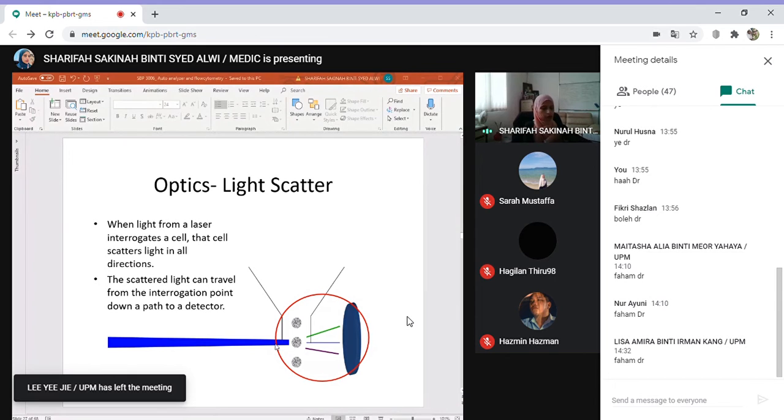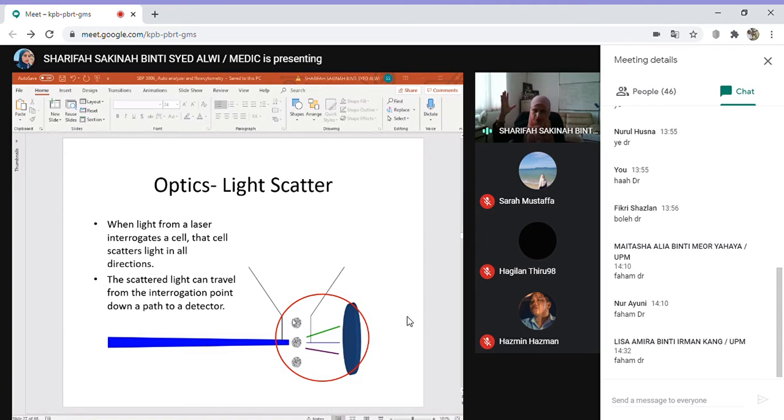As I told you before, when you have a laser beam and a cell that passes through, the light emitted from the laser will reach the fluorochromes, and then it will emit scattered light. Whatever is scattered will be caught by the photomultiplier. Remember the photomultiplier? You have the laser, you have the cell, and here there is a photomultiplier. This photomultiplier will catch all the scattered light.